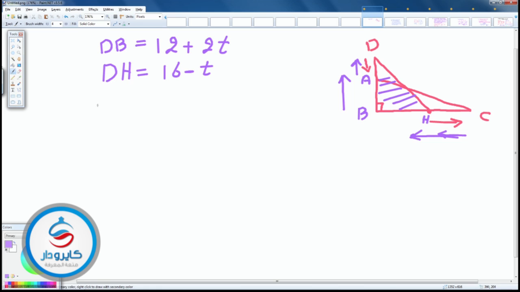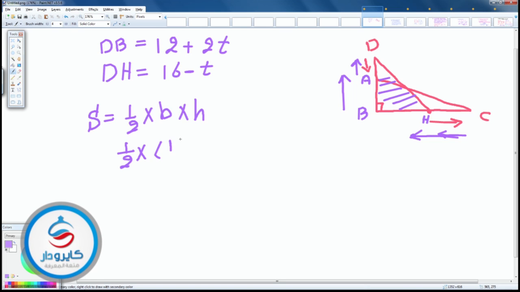Okay, what about surface area? Surface area equals half times base times height. This is half times base, which is 16 minus t, times 12 plus 2t.